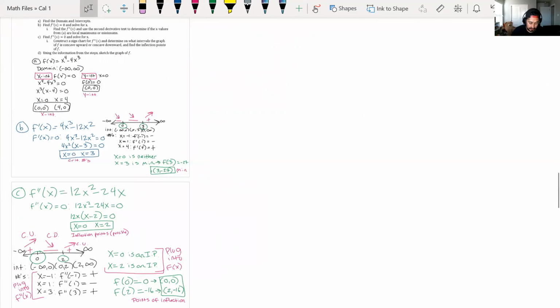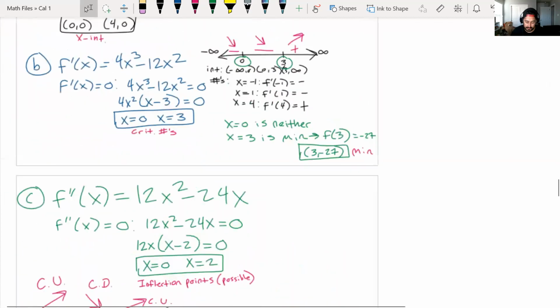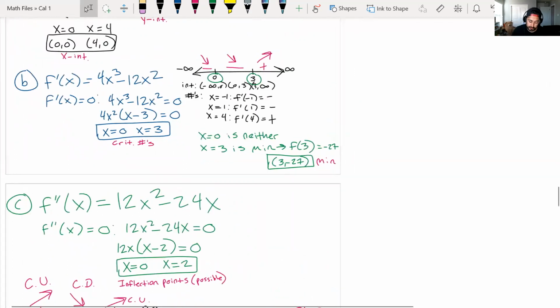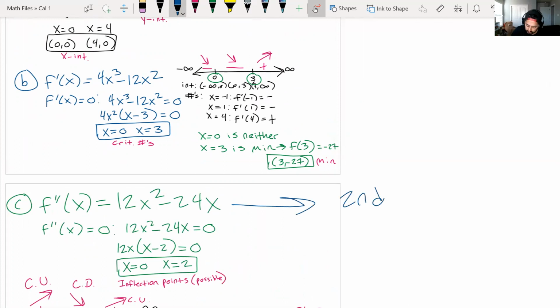Oh yeah, I said I would show the second derivative test, show you how it works. I'll show you really quick. I won't save it, but you'll see it on the video. So if we do the second derivative test, I take my critical numbers from step B and I plug them into the second derivative.